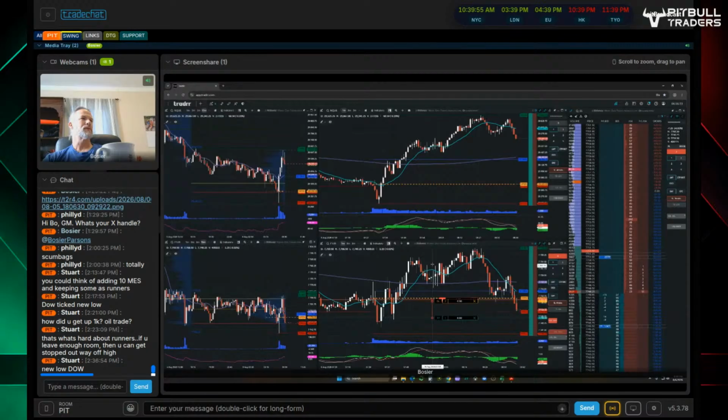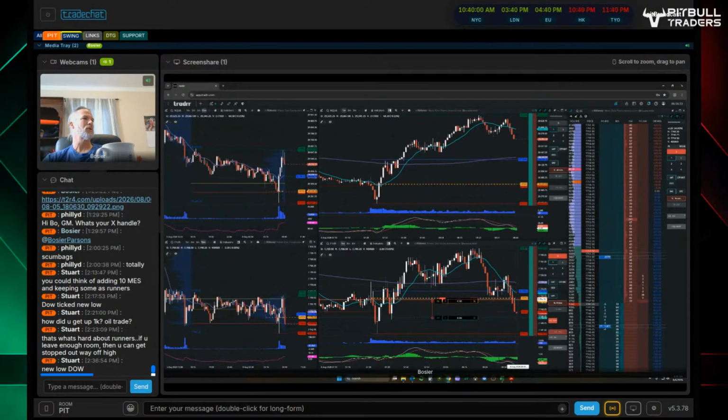But this is now a huge head and shoulders formation with the right shoulder below the left shoulder. So this could accelerate. I don't want to get stopped out.